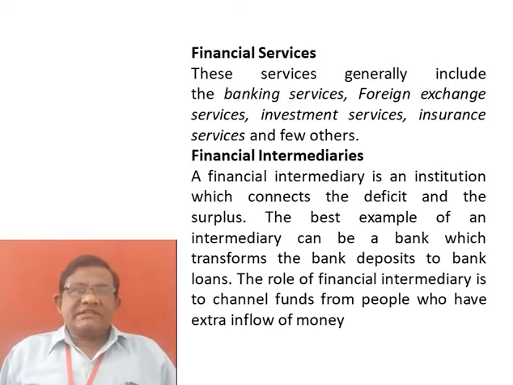Finally, as the name suggests, development banks provide long-term capital to industries in a rather non-conventional way. At present, there are as many as 60 development banks in the country. The largest of them is the Industrial Development Bank of India, IDBI.